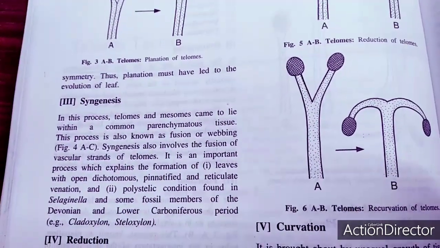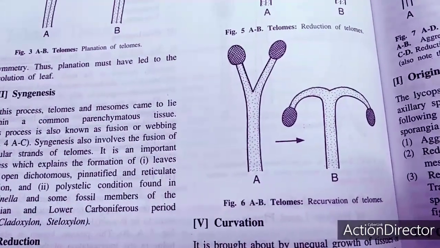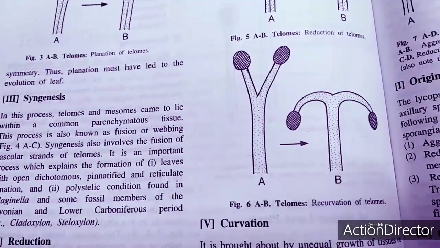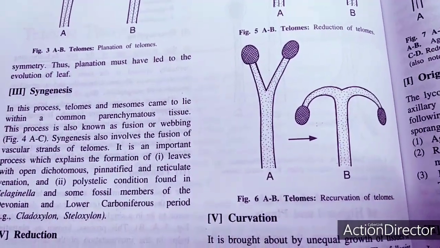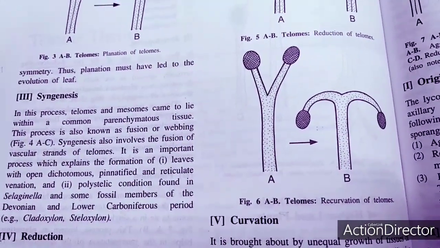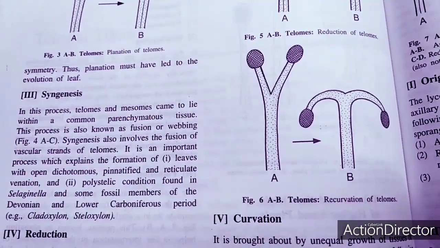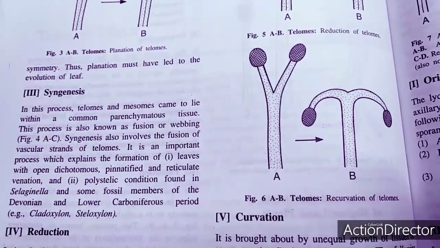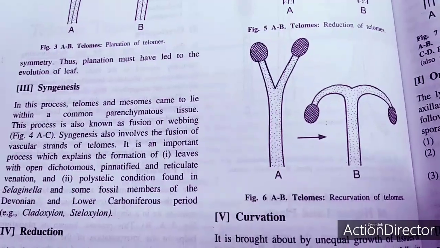The fifth type is called curvation. In this diagram you can observe that by unequal growth of tissues of the two opposite flanks of the telome, two types have been recognized, recurvation as well as incurvation. In recurvation, the telome bends downward. The best example may be the Sphenopsida. In incurvation, there is a shifting of sporangia to the ventral surface, as in ferns.